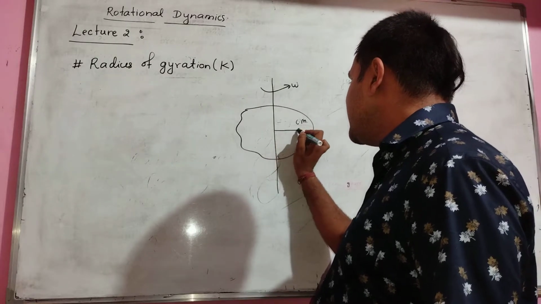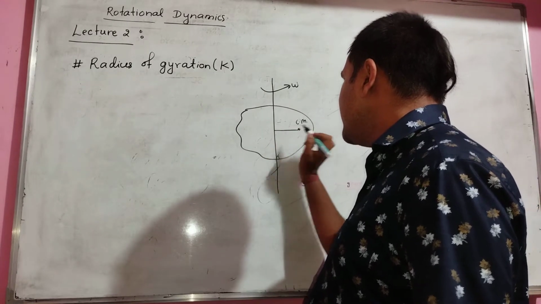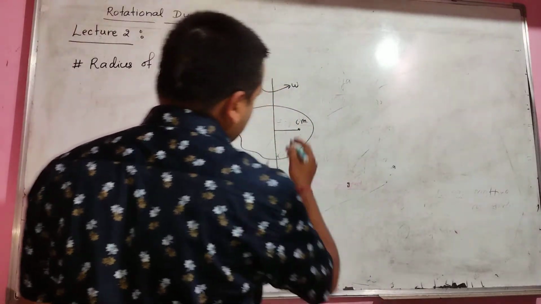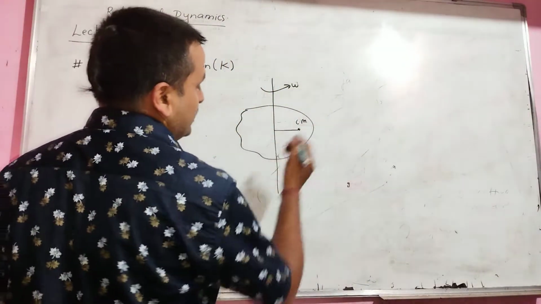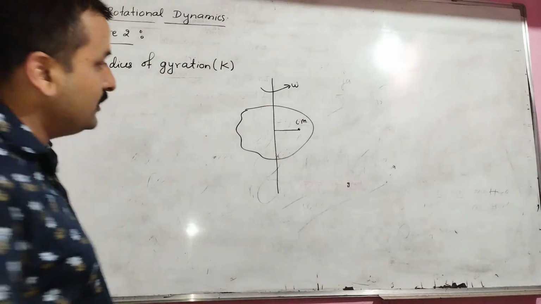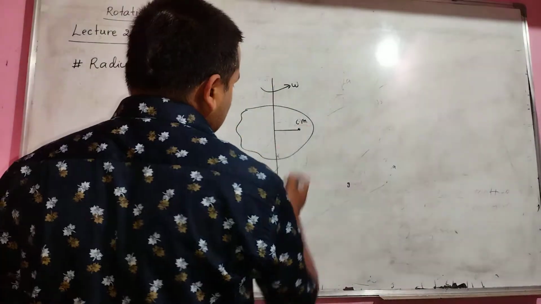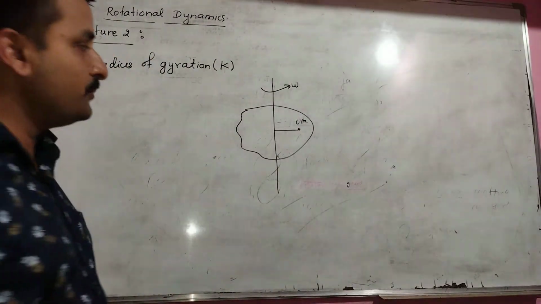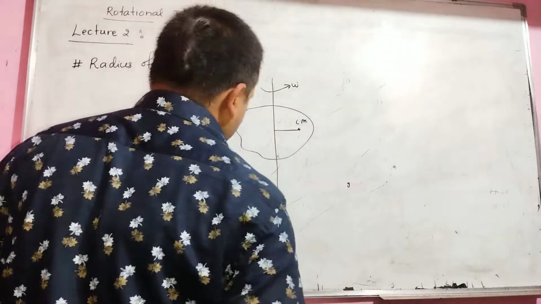The perpendicular distance from the axis of rotation to the point at which the whole mass of the body is supposed to be concentrated is called the radius of gyration.